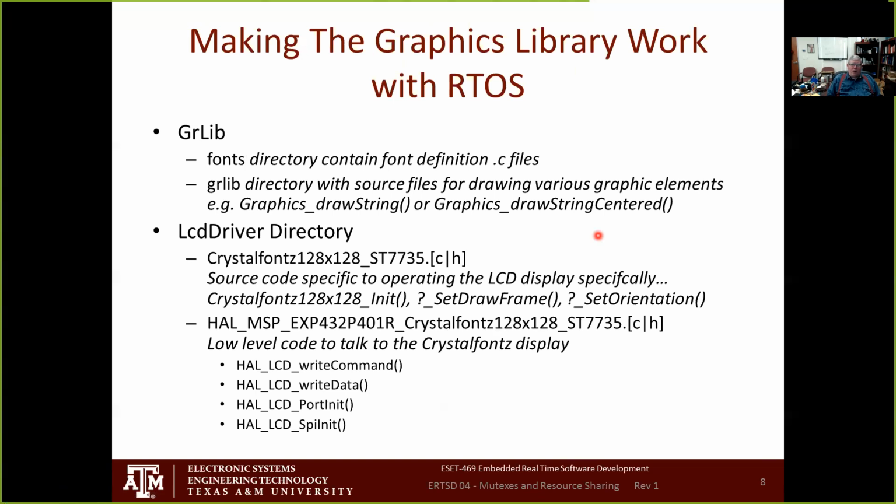There is a directory called fonts, and in that directory called fonts, there are a bunch of C files that each have structures defined in them, and those structures, in fact, are just an array basically of constants that are used to figure out which dots to turn on and which dots to turn off for particular letters of the alphabet or particular graphic symbols.